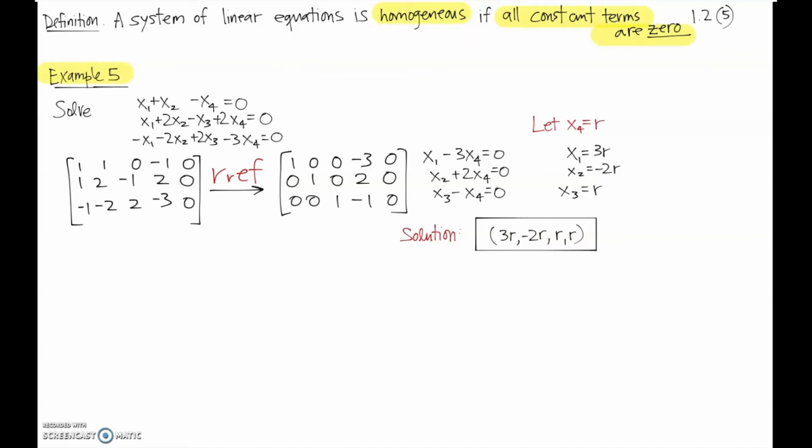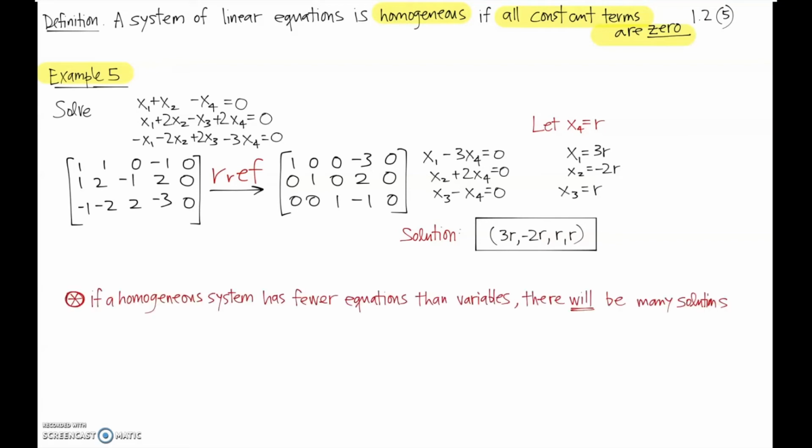So that's a term that you want to remember. I just want to emphasize something I mentioned as we were working through this example. If a homogeneous system has fewer equations than variables, there will be many solutions. You're guaranteed that. But that guarantee only holds in a homogeneous system. In a typical system, you could have fewer equations than variables and still have, say, parallel lines or parallel planes that never have a solution.